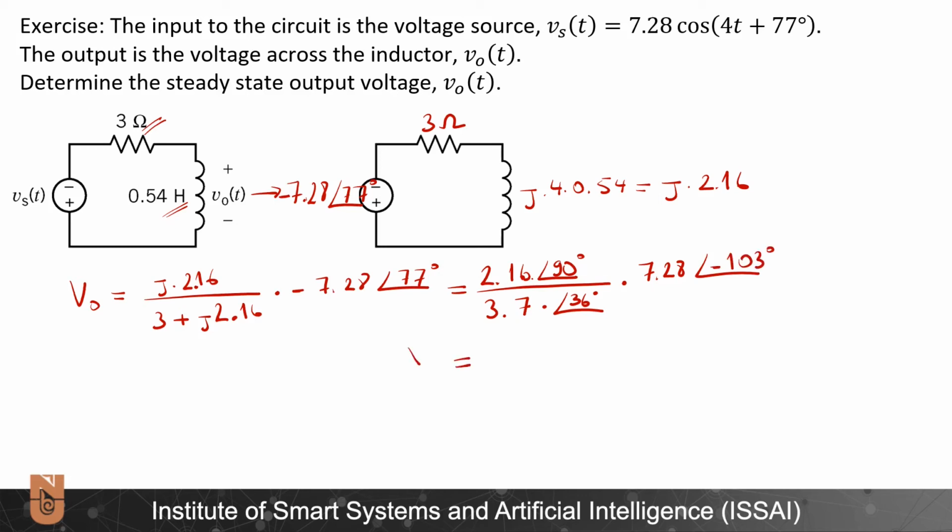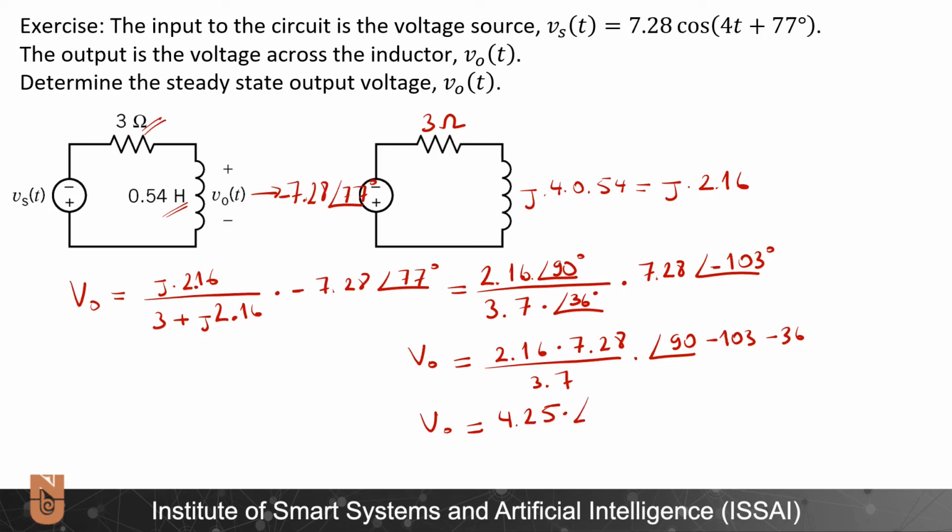And accordingly, V out will be equal to, I will write the magnitudes to this side, 2.16 times 7.28 divided by 3.7 times 90 minus 103, and also minus 36 degrees because it's at the bottom side, and accordingly V out is equal to 4.25 times minus 49 degrees.